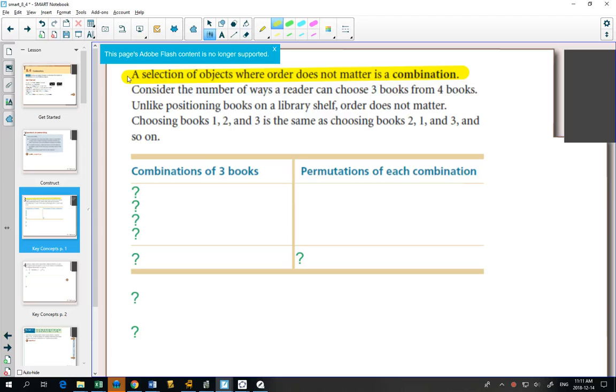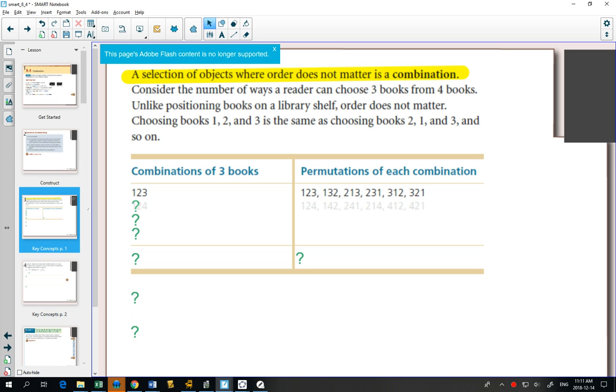You can worry about that when you get home. So when the order doesn't matter, one combination is you could pick book 1, 2, or 3. However, permutations would give you 6 different ways that those books could be arranged, but in combination that's only counted once.